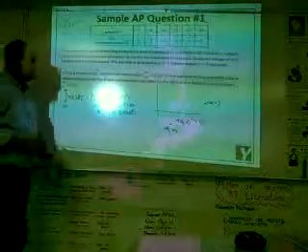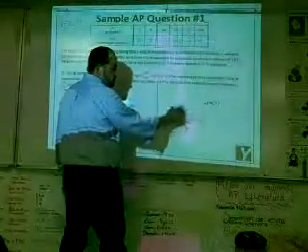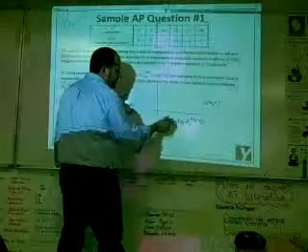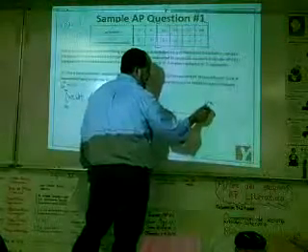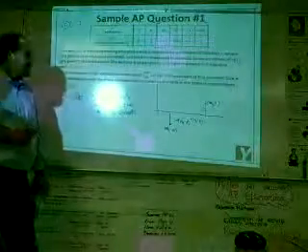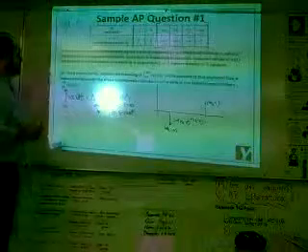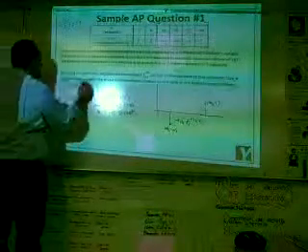Well, the integral represents the area underneath the curve, or the area bounded by the curve and the x-axis, starting over here at 20, ending over here at 40. And what we need to do is approximate it. We've been told specifically how to go and approximate it. We need to use a trapezoidal sum.